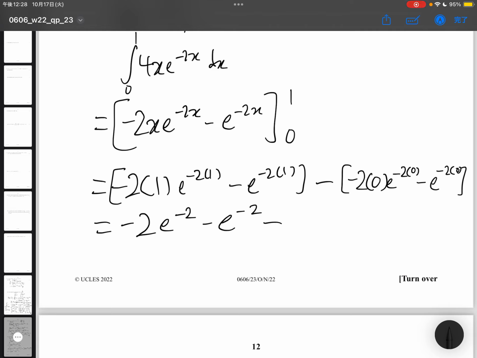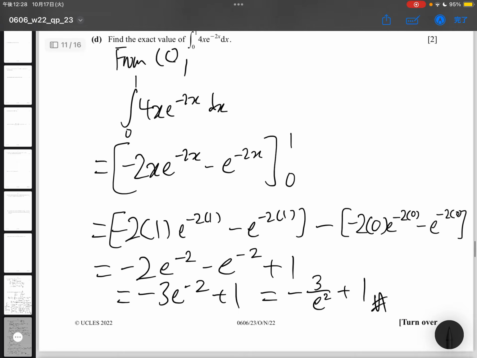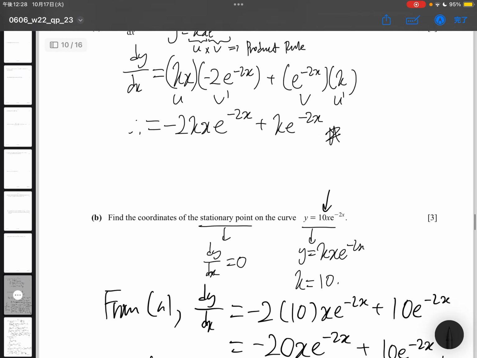On the other side, negative 2 times 0 times e to the power negative 2 times 0 will be 0. Negative e to the power negative 2 times 0 will give me negative 1. And I have a negative bracket outside, so it will be a plus 1. So in this case, they should give me negative 3e to the power negative 2 plus 1. Then the final answer will be negative 3 over e squared plus 1. And that is part D. And overall, question number 9.